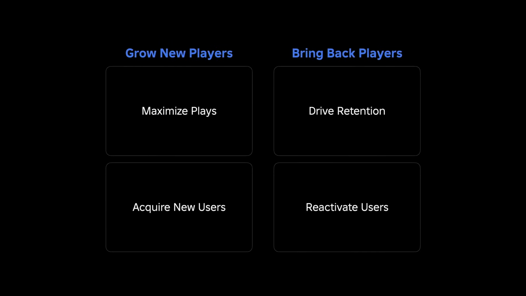The manager is now objectives-based, so you can decide whether your goal is to grow new players, so you can use the maximize plays, or acquire new users objective, or whether you want to bring players back that have enjoyed your experience before with the drive retention, or reactivate users objective. You can also run multiple objectives in parallel and optimize more than one thing.